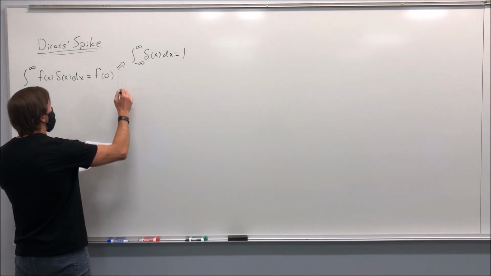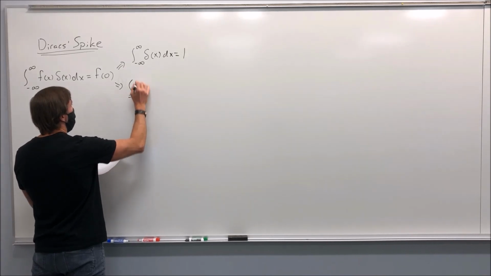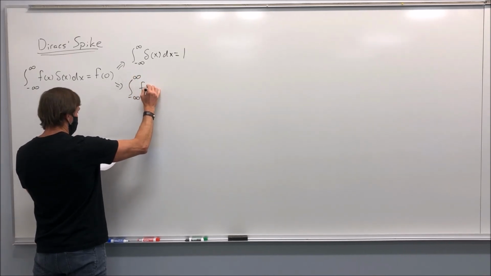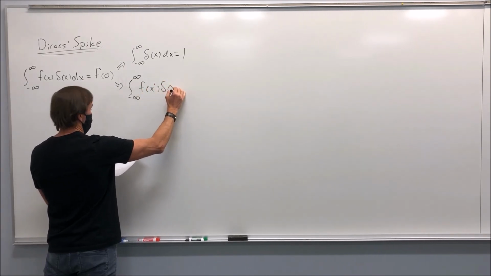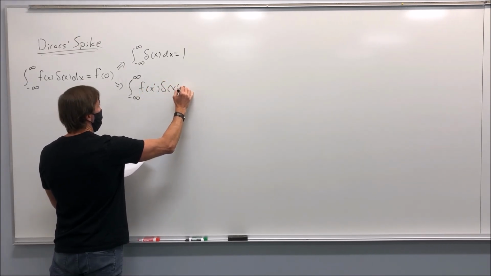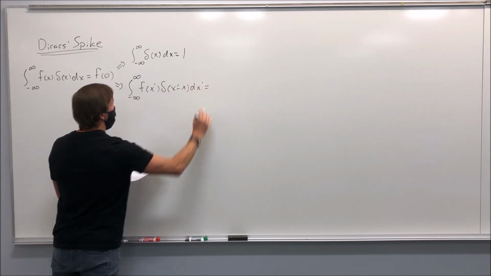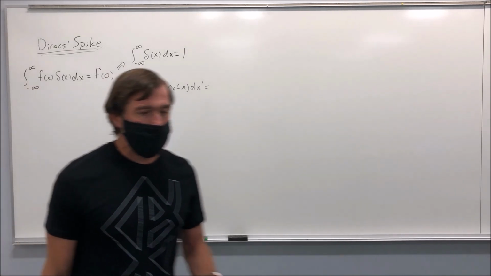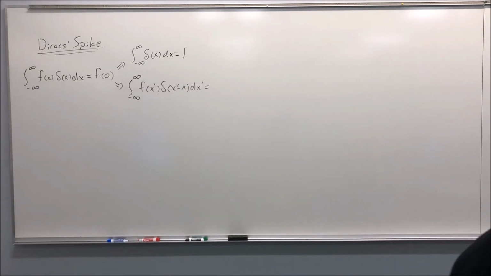Alternatively, if I don't like 0 that much, and instead I shift the argument of my delta function by x prime, then what should that integral give me? Jacob? The value of f at x prime.